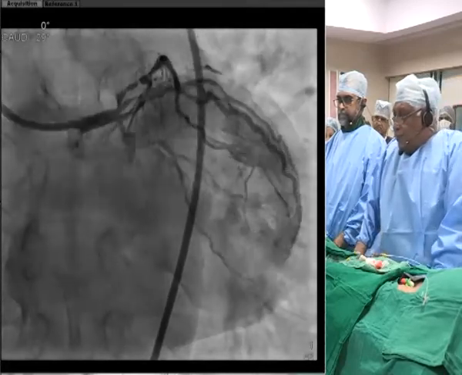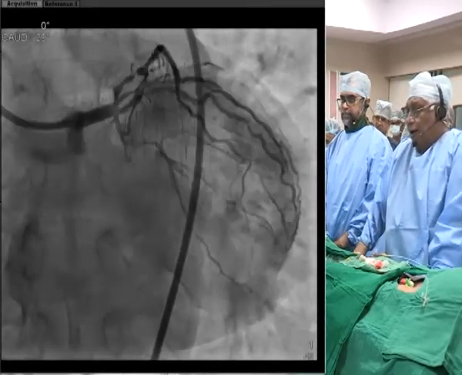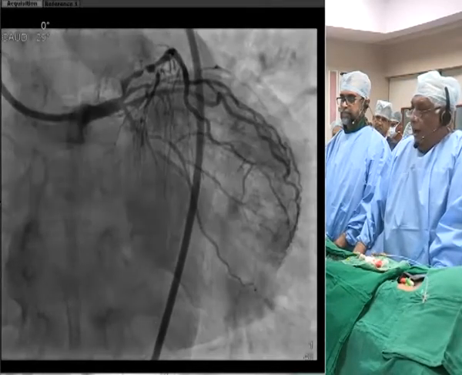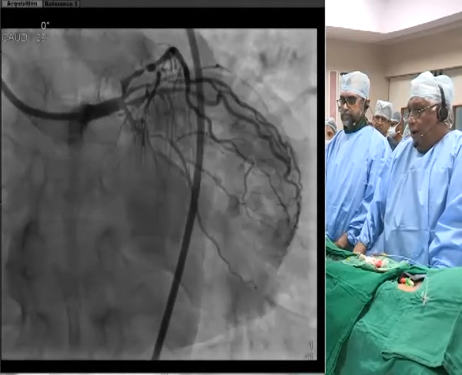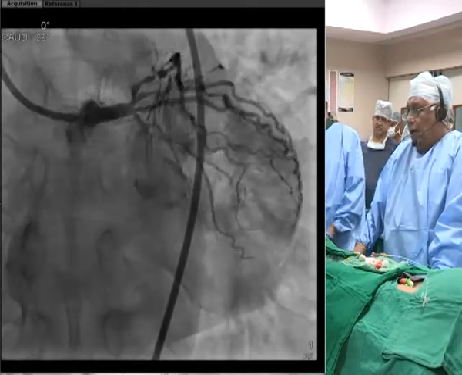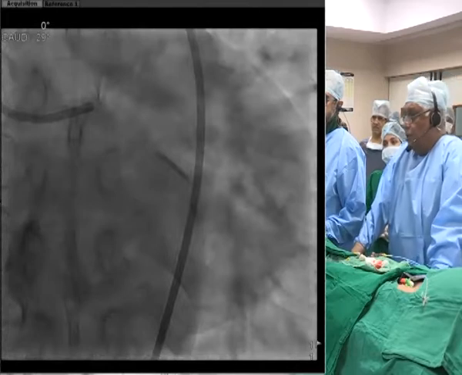The ramus has some ostial disease, not critical, but at least 50–60%. And the LAD has a couple of narrowings, 80–90%. And the diagonal also appears to be diseased.